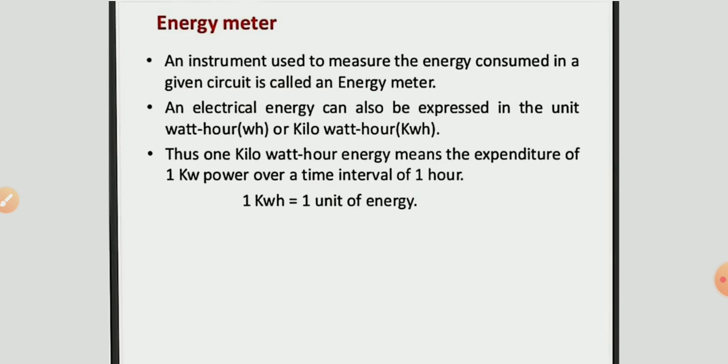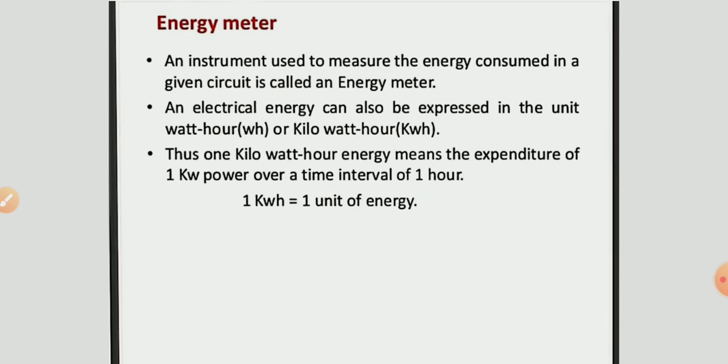The unit of energy is watt hour. So energy is the amount of power consumed over a period of time. And here 1 kilowatt hour means 1 unit of energy.